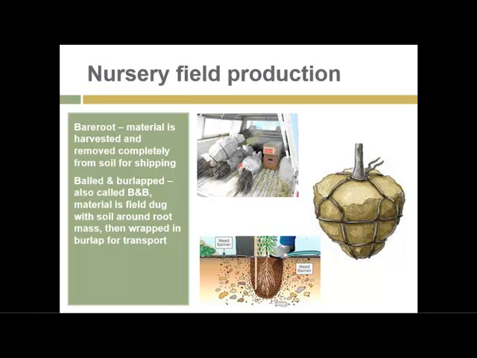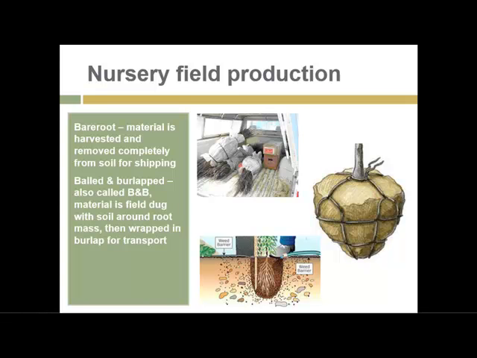So in other words, no soil, just the plant stems and root systems, usually bundled up, often with some kind of protection to keep the roots from completely drying out. And then they're shipped in bundles. And a photo of bundles of bare root materials is in the upper part of the slide.